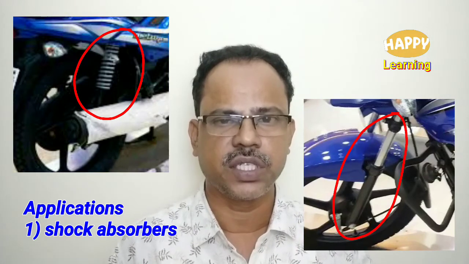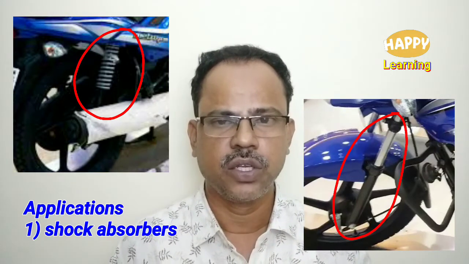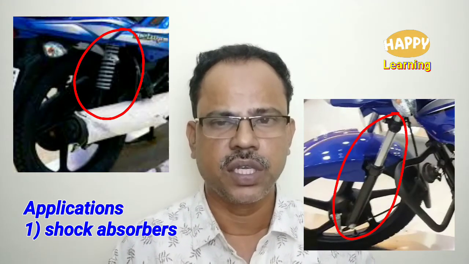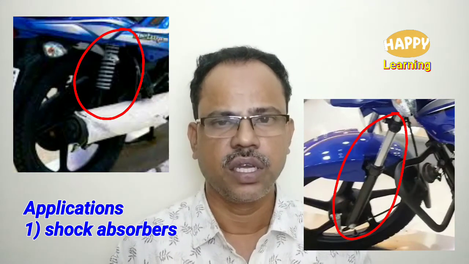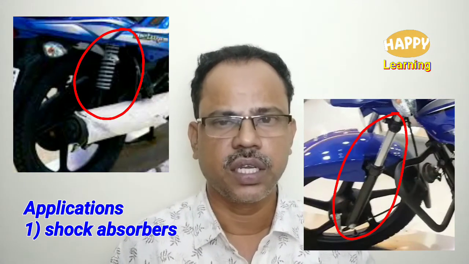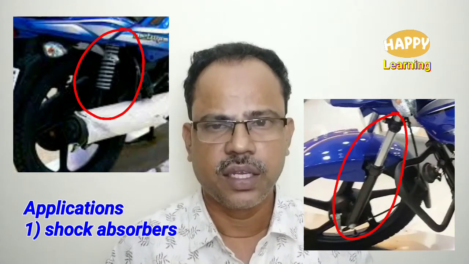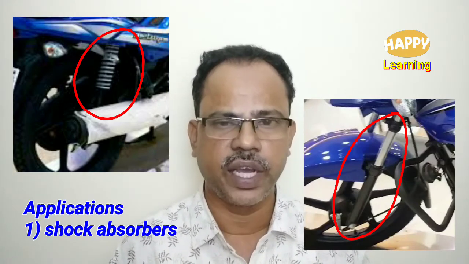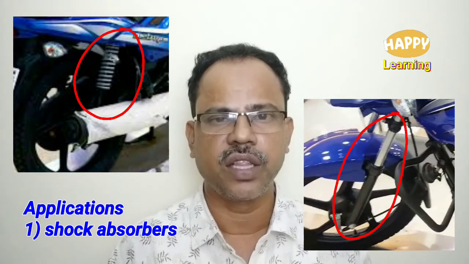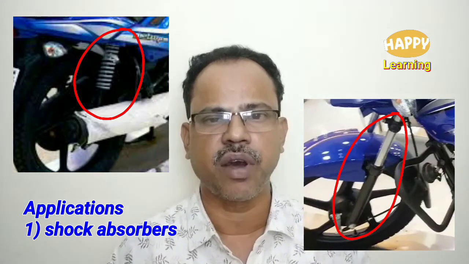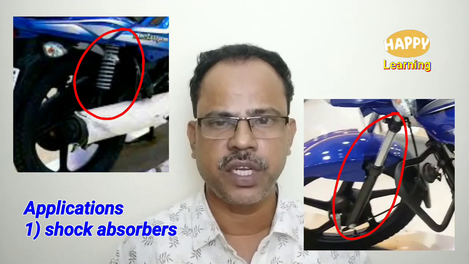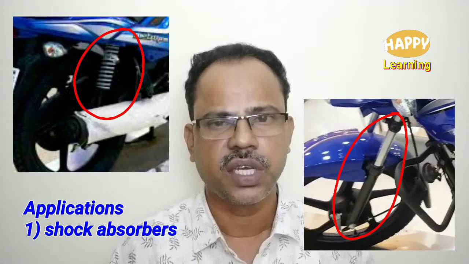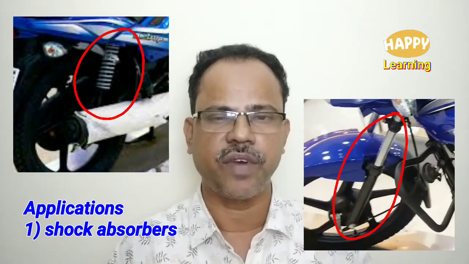Whenever the vehicle passes through a speed breaker or some disturbance, it gets some shock, some jerk, and while facing a jerk, these springs, called shock absorbers, provided on the wheels, increase the time of action. What is the use of these shock absorbers? They increase the time of action.